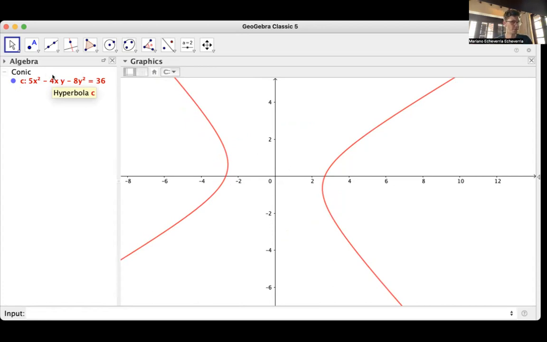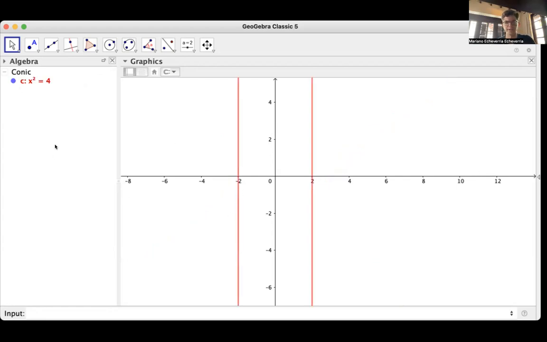Just to give you a different one, let's just do this one. For example, if I had written something like x squared equals 4, that's very easy, right? x squared equals 4 is two vertical lines. But now notice the effect of introducing a mixed term.